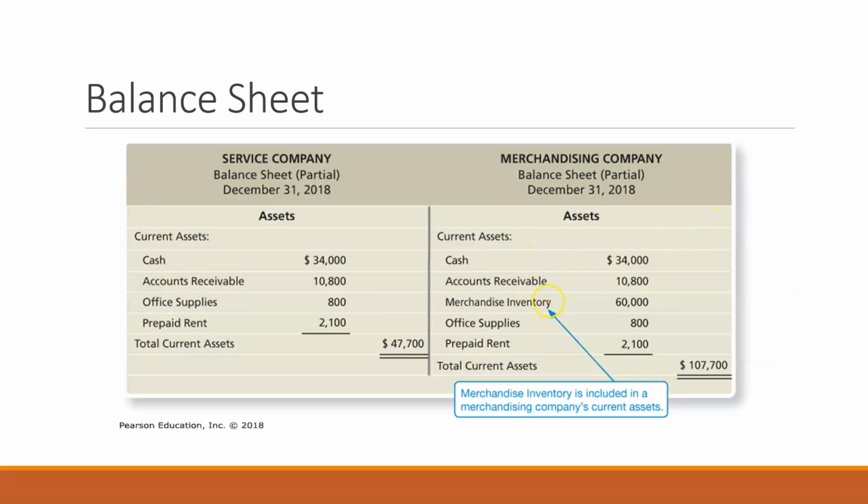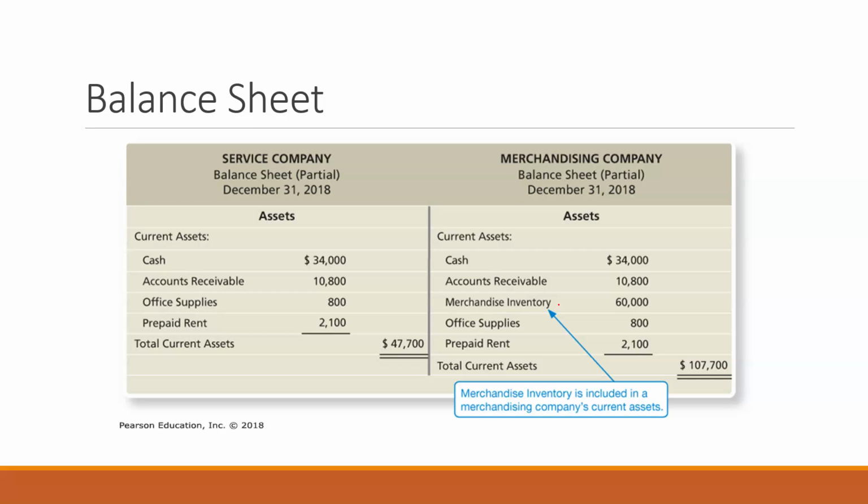Now on the balance sheet, we have an inventory account in our assets. If we're a service company, we don't carry any inventory. If we're a merchandising company, we do carry inventory. You can see that the inventory is put in here before office supplies. When we create a balance sheet, assets are written in the order of liquidity.